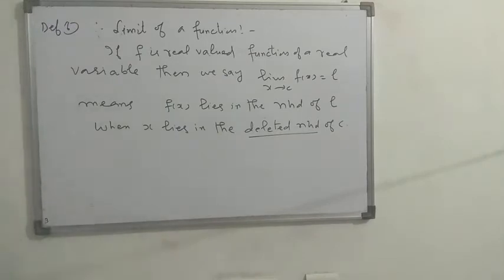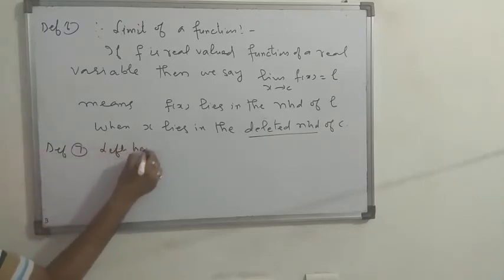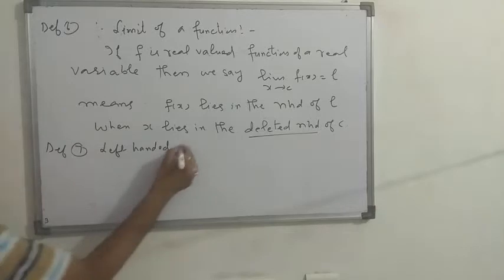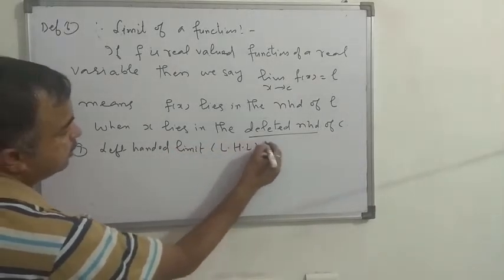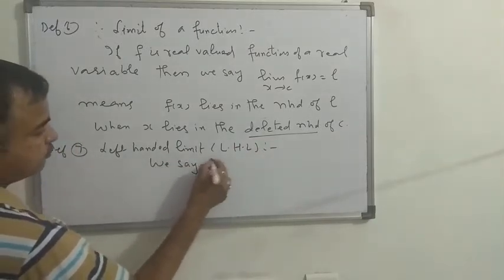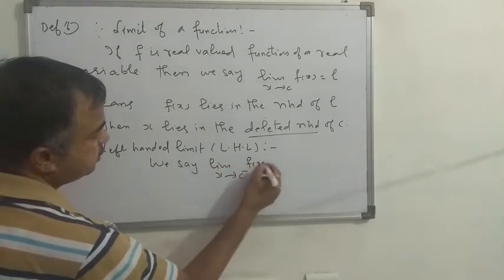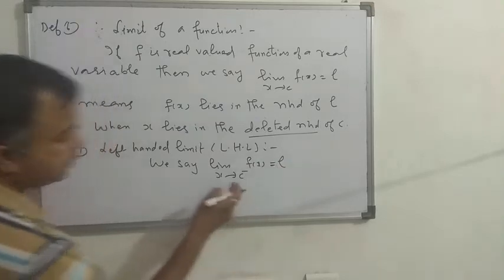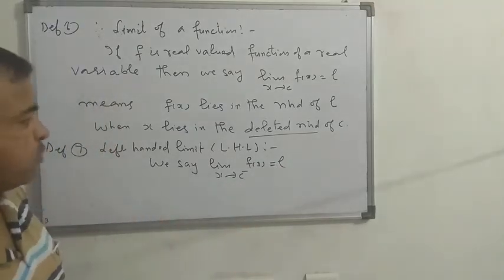Next, definition 7. Left-handed limit and right-handed limit. Left-handed limit, that is LHL. We say c negative means we are considering the points less than c, that is, from the left neighborhood of the point c.